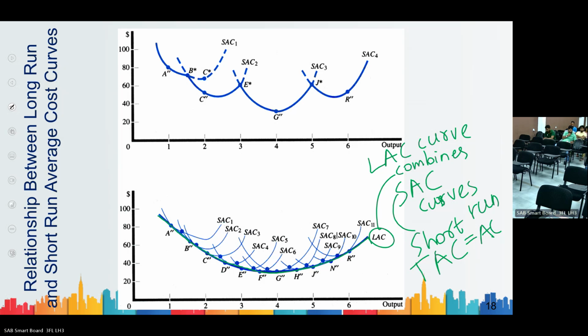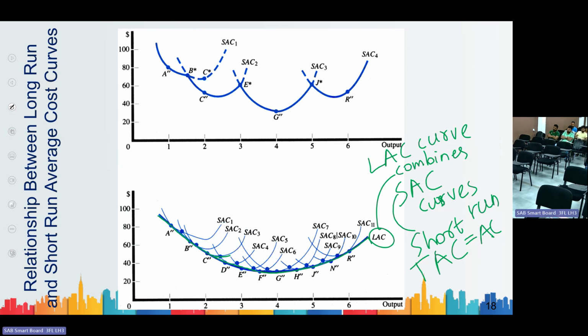We don't know. In the long run, the firm plans for expansion. But all the time, a firm operates in the short run. That is why the long run average cost curve is a combination of short run average cost curves.